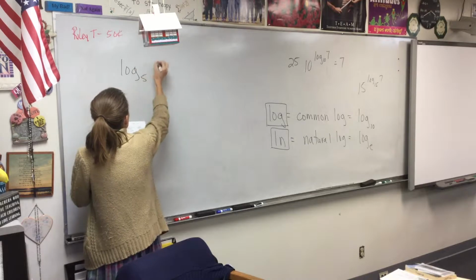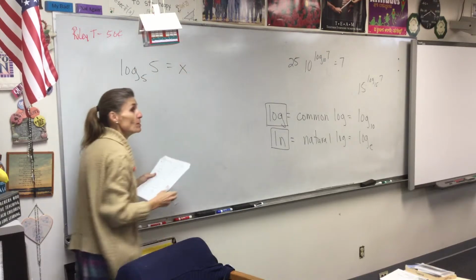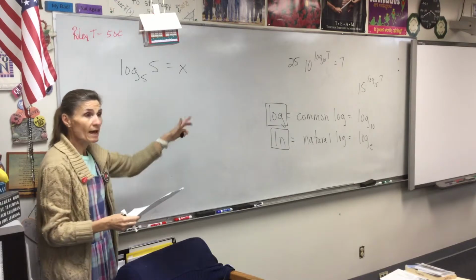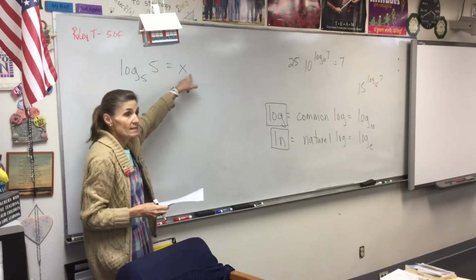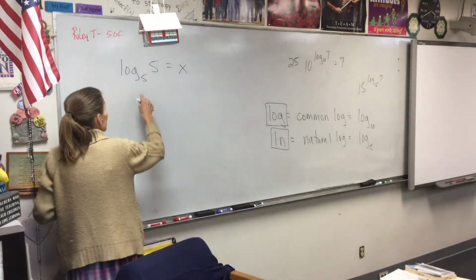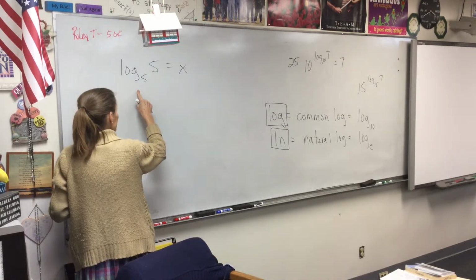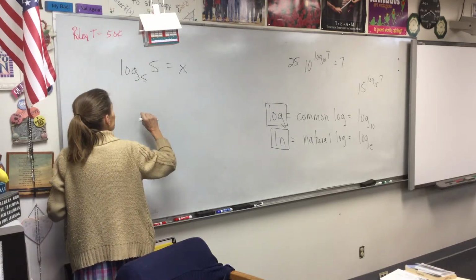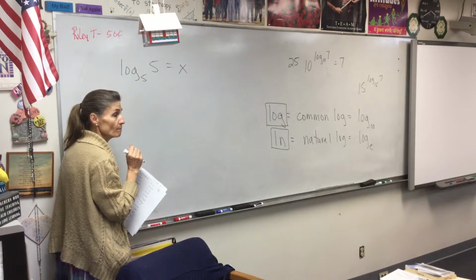There are lots of ways to do the problems. I'm going to suggest that you just set each one of these equal to x, because you want to figure out, what does this thing equal? And then I want you to practice translating this logarithm equation into an exponential equation.